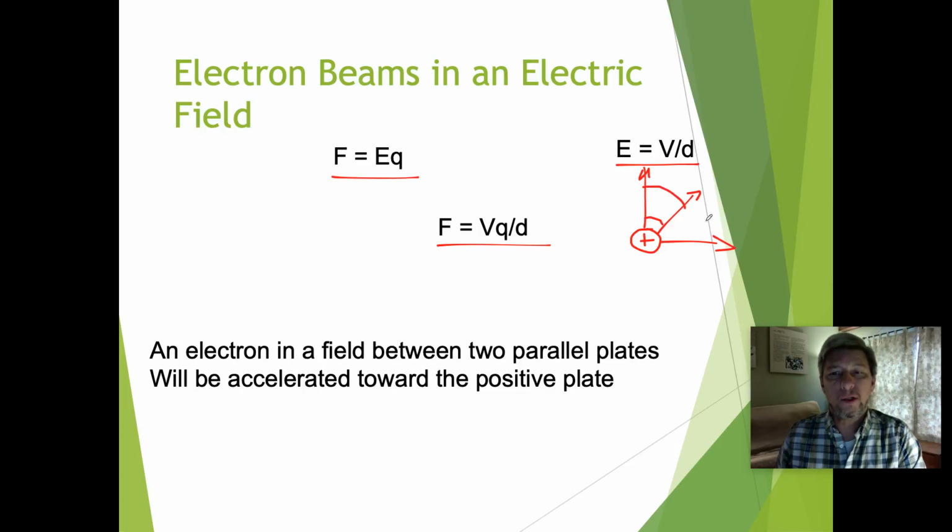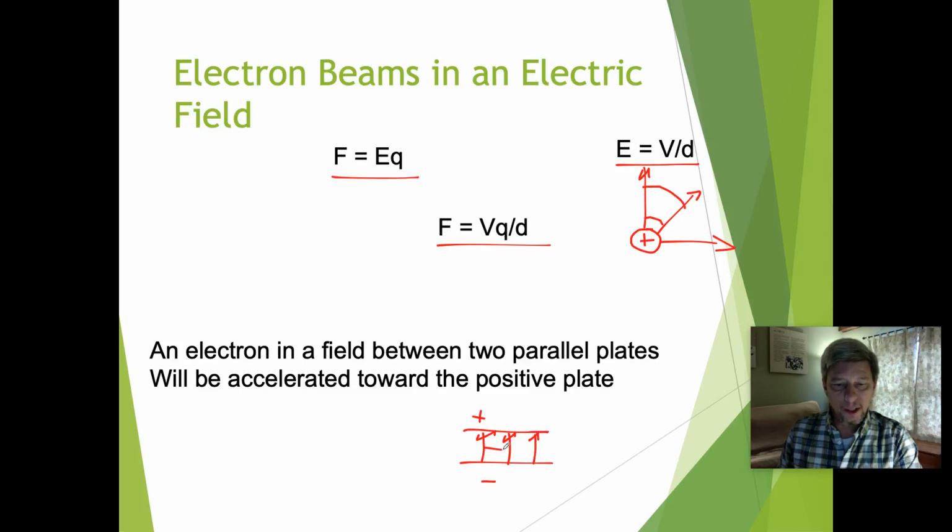So the electric field gets weaker as we go further away. However, if we have two parallel plates where one side is positive and the other side is negative, and we stick an electron in the middle, the density of the field is constant.